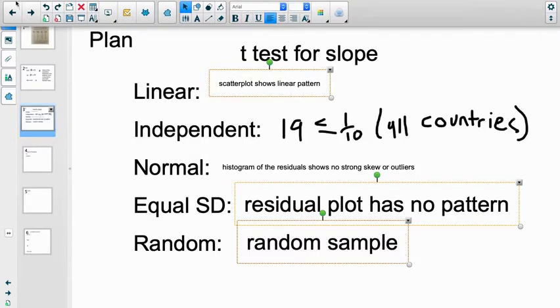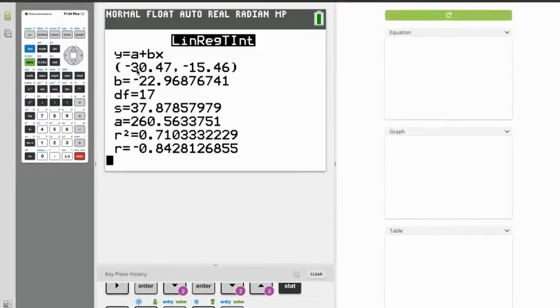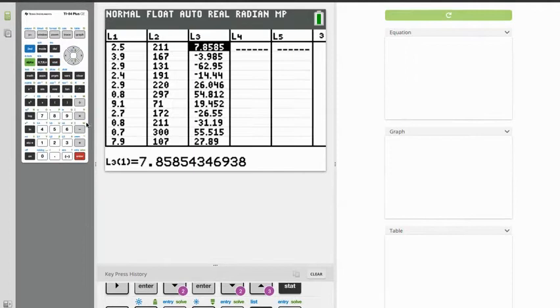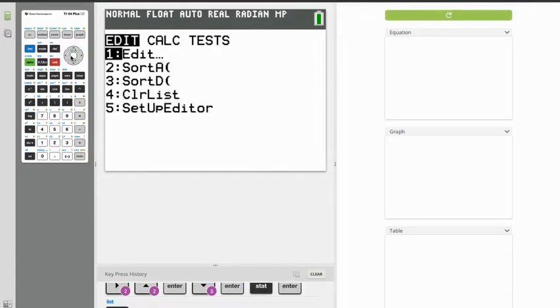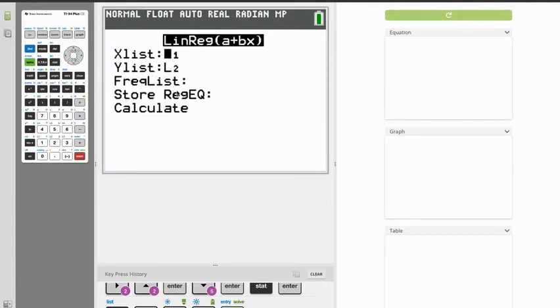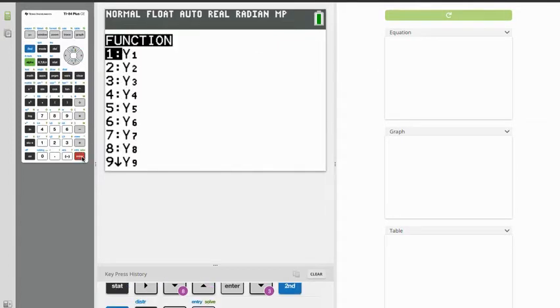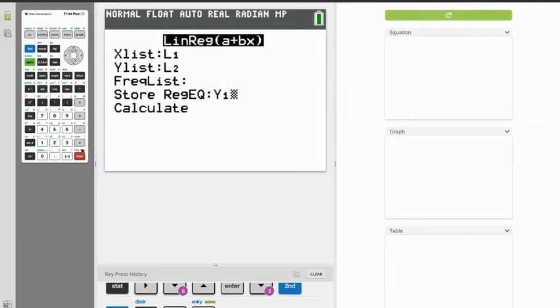All right, so on your calculator, the first thing you need to do is make sure you have your data in list 1 and list 2. Then you can run linear regression on list 1 and list 2, and you can store the equation by hitting vars, Y variables, and storing it in Y1.